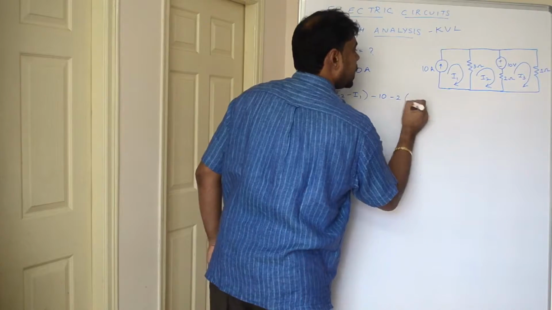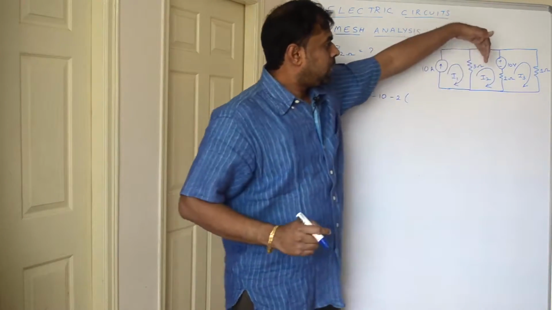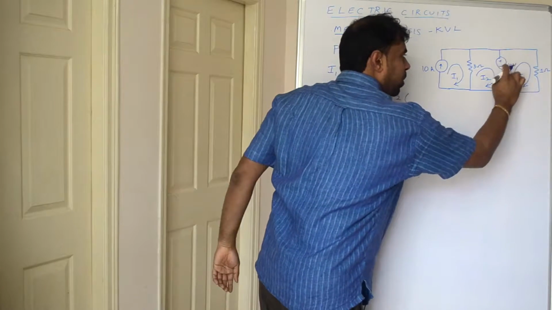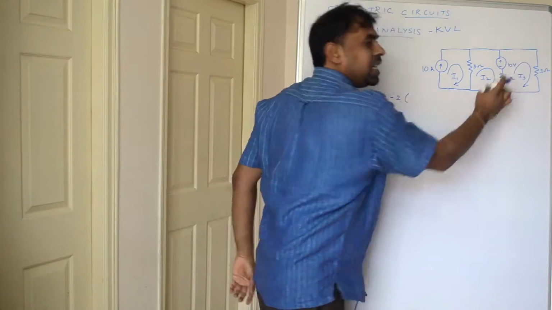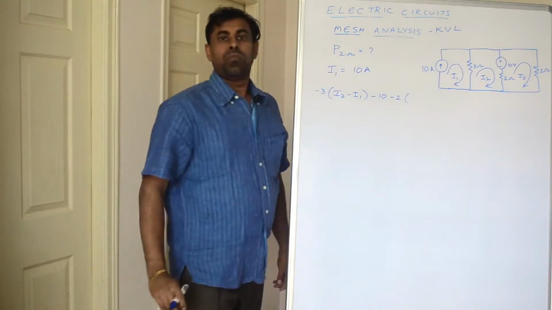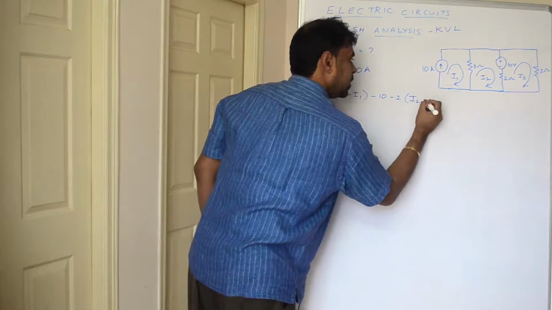Next, in this resistor there is a drop of 2. I am moving from top to bottom. The current I2 is flowing from top to bottom, whereas the current I3 in this branch is flowing from bottom to top. So the effective current flowing from top to bottom is I2 minus I3.